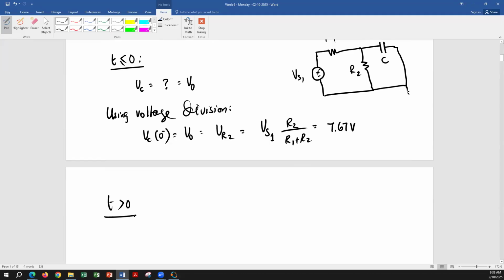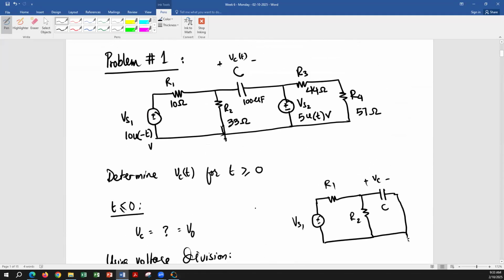And now I'm going to analyze the circuit after the change. After the change, my VS1 is going to become 0. That means I will short that source out. My VS2 is going to become active, and the rest of the components are going to be there.